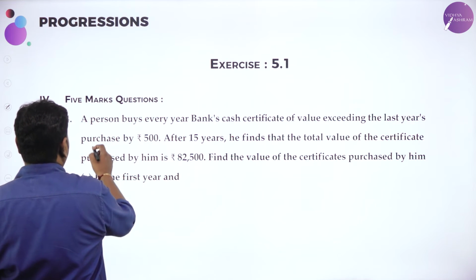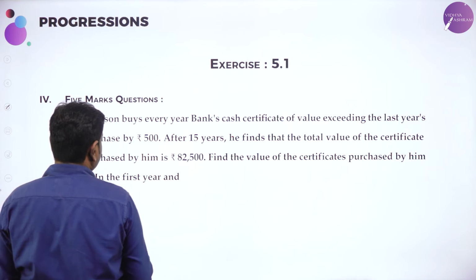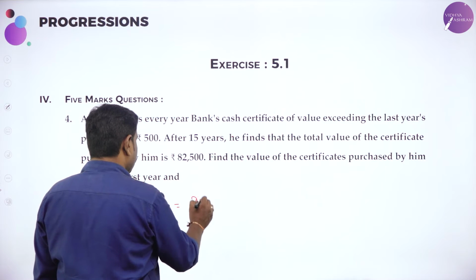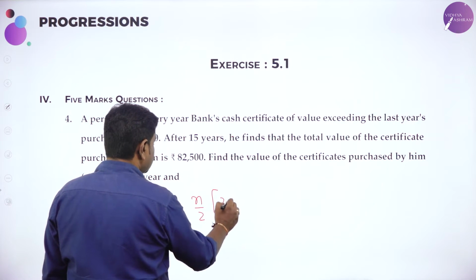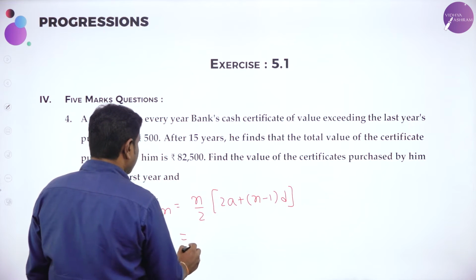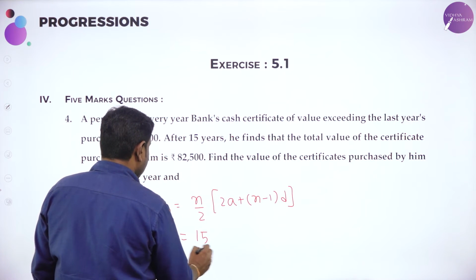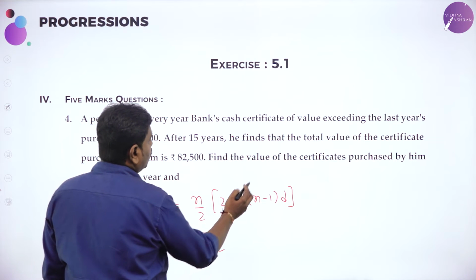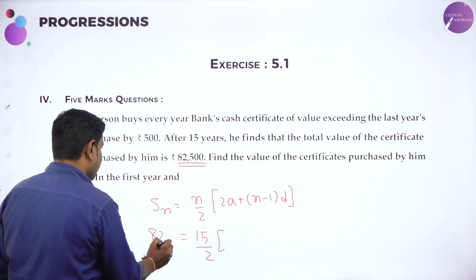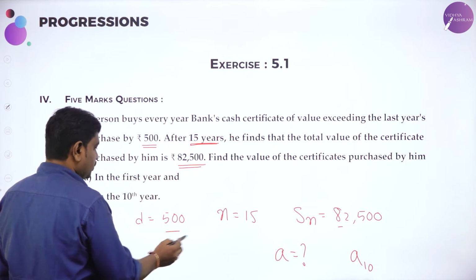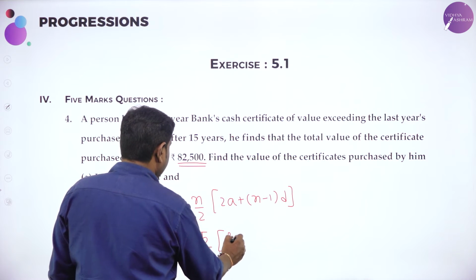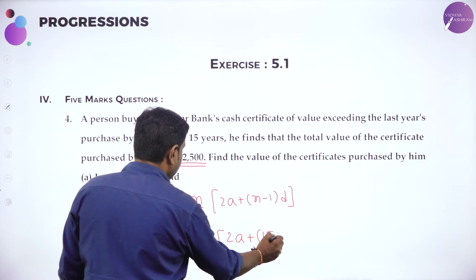All of you know what is Sn. So Sn is n by 2, 2a plus n minus 1 into d. So n by 2, number of years, 15 by 2. The total sum after 15 years is 82,500. 2 times a, we don't know, plus n minus 1, 15 minus 1, into common difference.